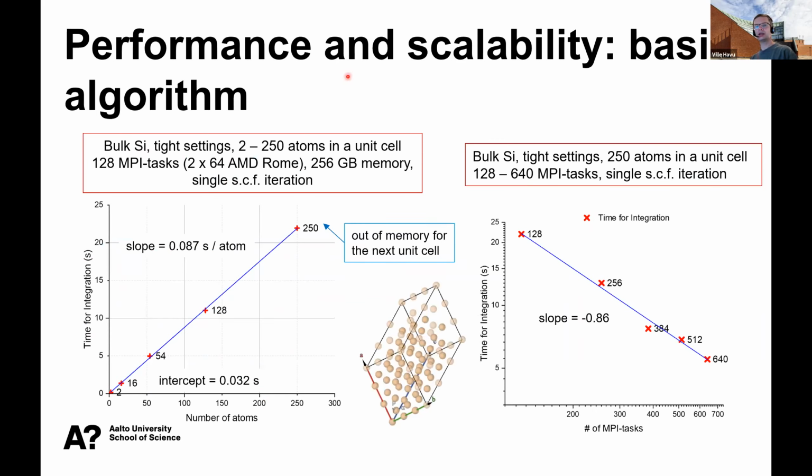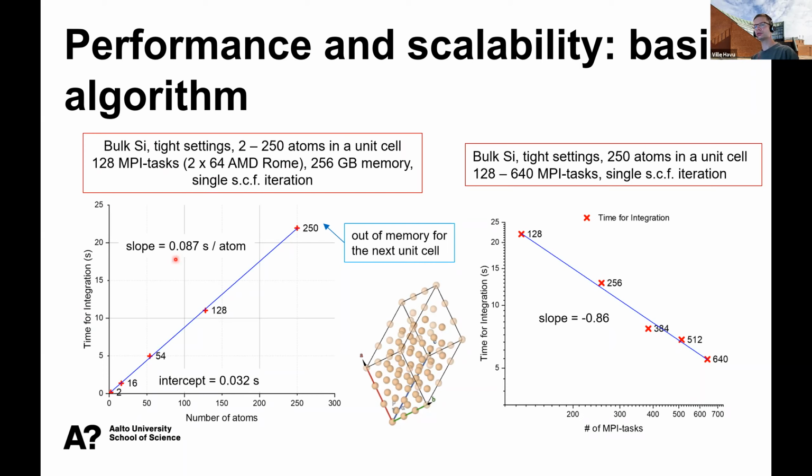So let's see what this turns out to be if we look in more detail. This is the same settings as in the first slide, but let's have a closer look at the integration operation. This is only the time for the integration, the algorithm I showed in the previous slide.